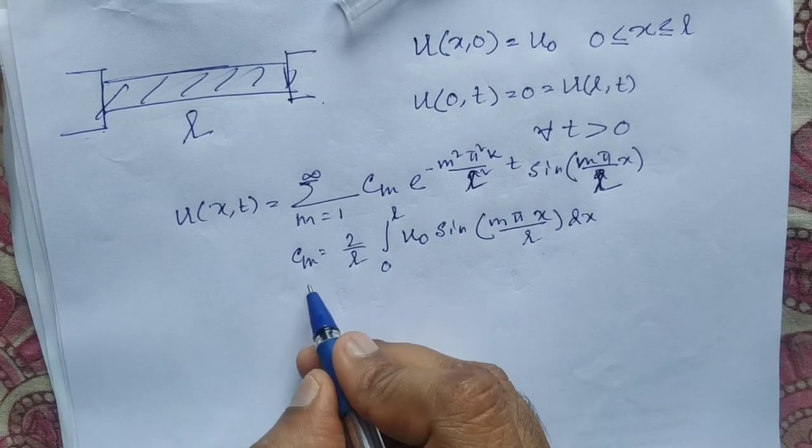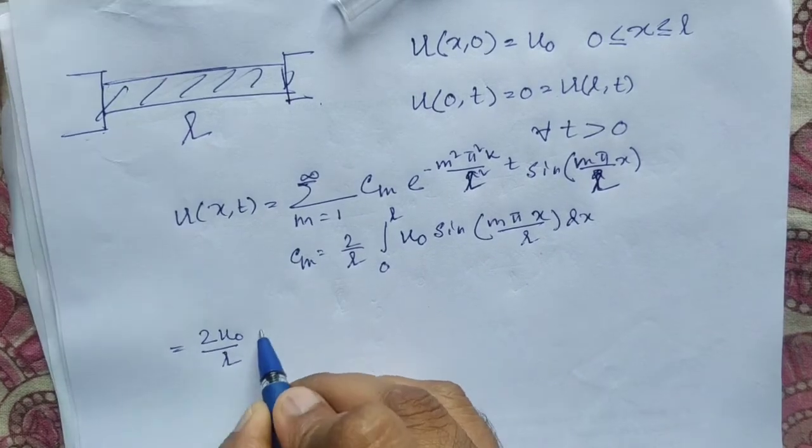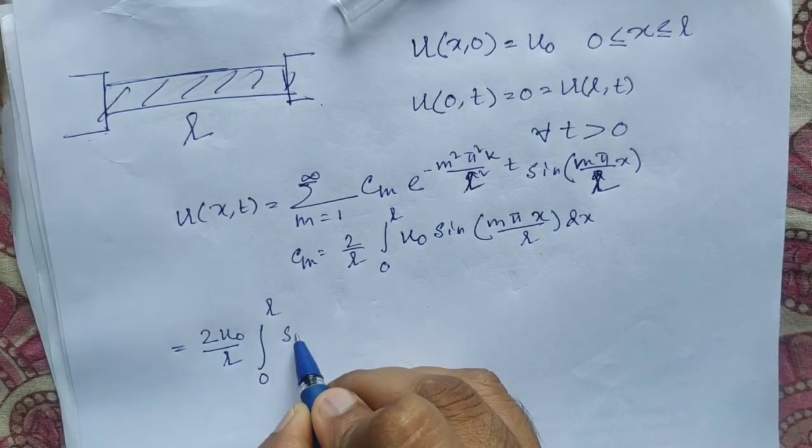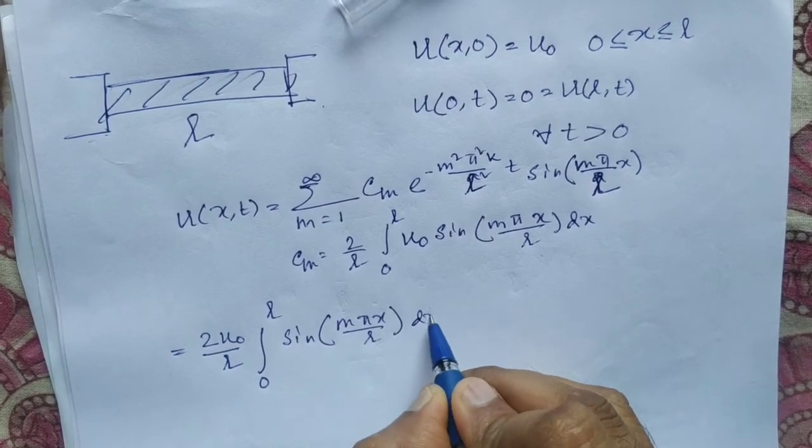Now, we will calculate this Cm. So, see, this is 2 u0 by L, integral from 0 to L, sine m pi x over L dx.